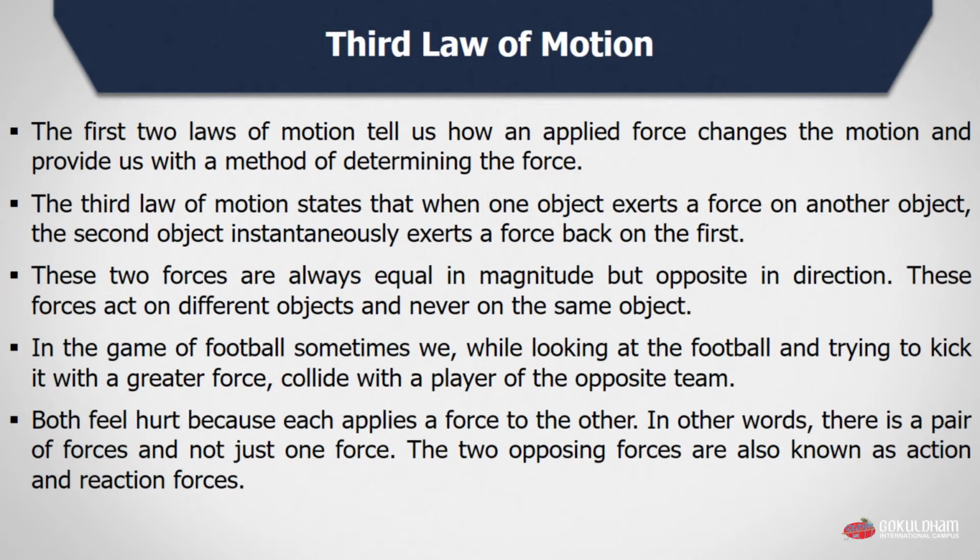It means when an object exerts a force on some other object, then the other object will do the same. It will also exert a force back on the first object. The two forces are equal in magnitude but opposite in direction. These forces act on different objects and never on the same object.